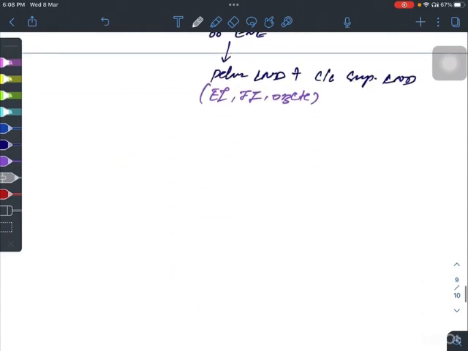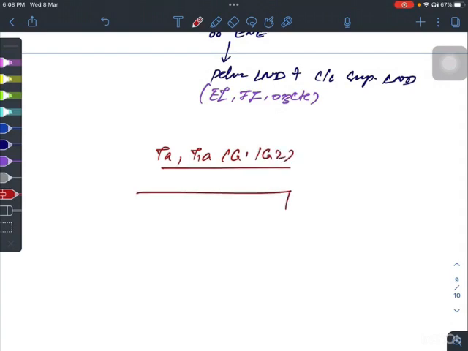Now coming into the nodal treatment of Ta, T1A, that is grade 1, grade 2. Okay, the same thing. Assess the nodal status. If it is positive, go for FNAC directly.